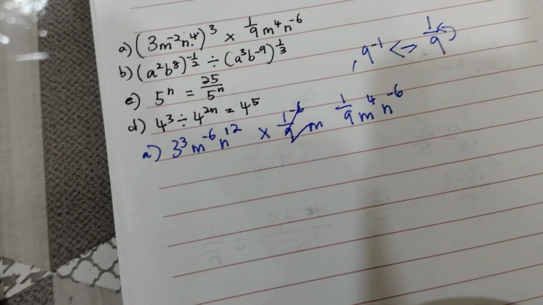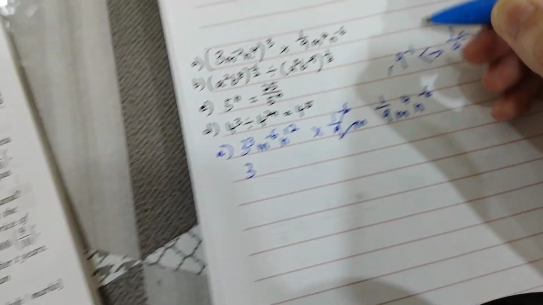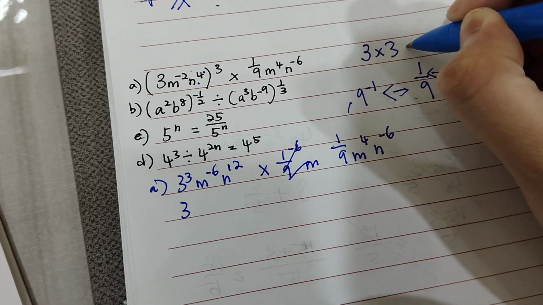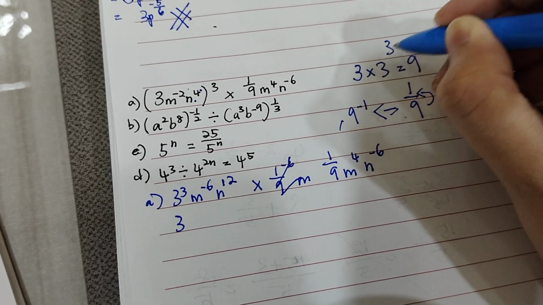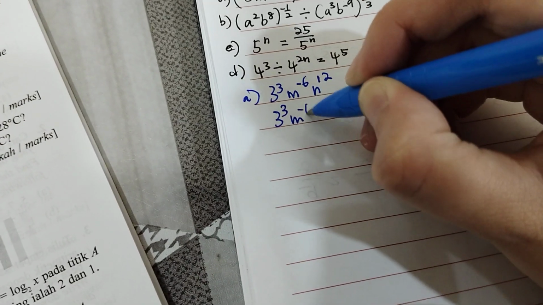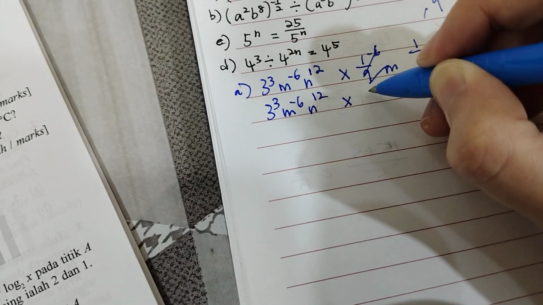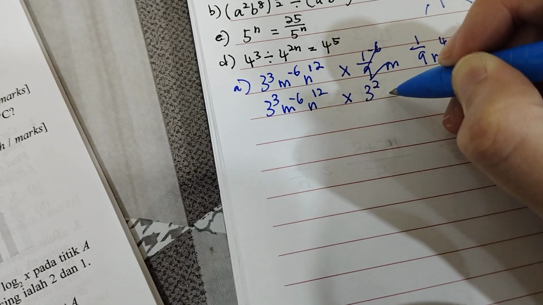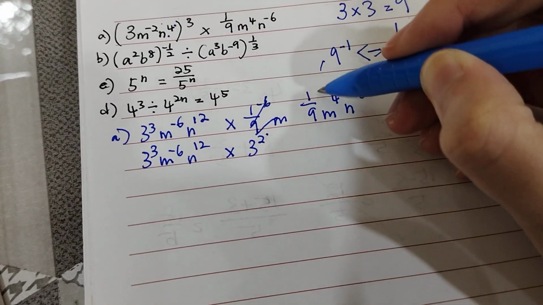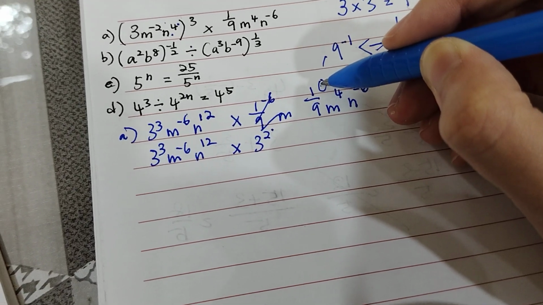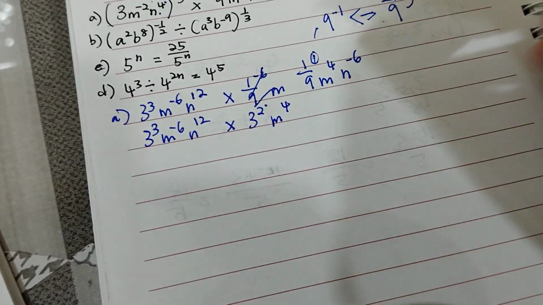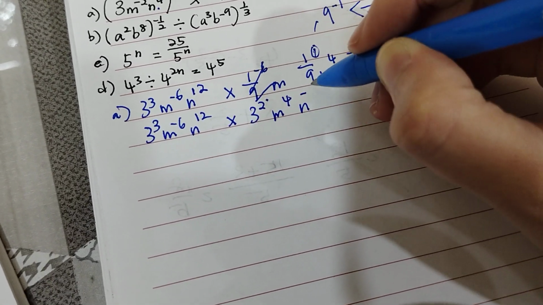So we can write that instead, because 9 is also under base 3: if you do 3 times 3, you get 9, which is basically 3 to the power 2. So I'm just going to copy this all over again, 3 to the power 3 times 3 to the power 2. There was no index up here, so this is assumed to be 1, so we leave it there, m to the 4, and n to the negative 6.